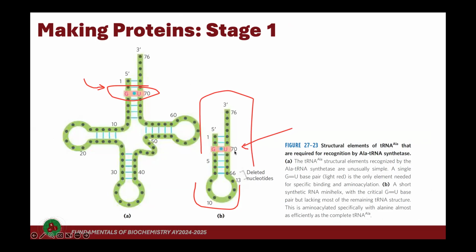And surprisingly, this synthetic tRNA molecule was charged by the Ala tRNA synthetase, meaning it was still able to attach an alanine amino acid to this synthetic RNA molecule.